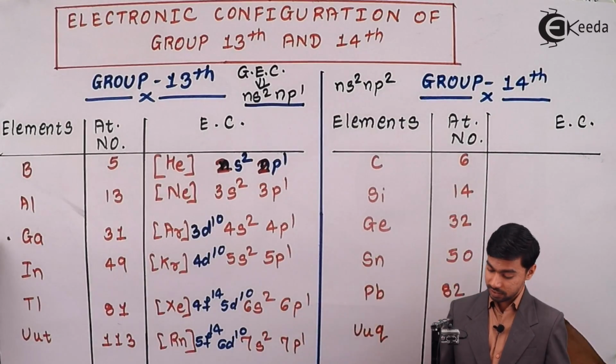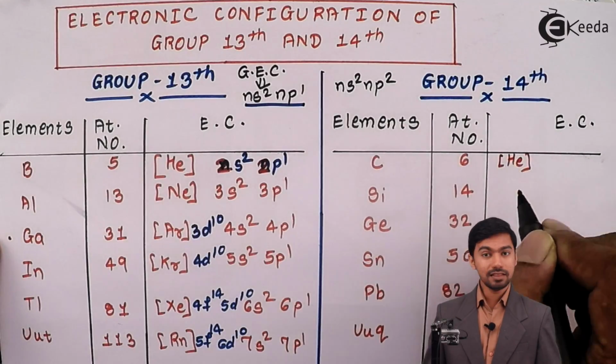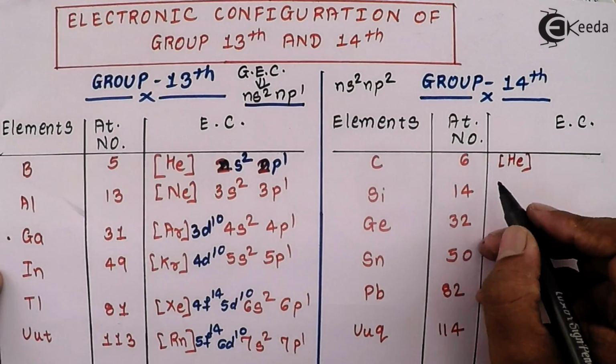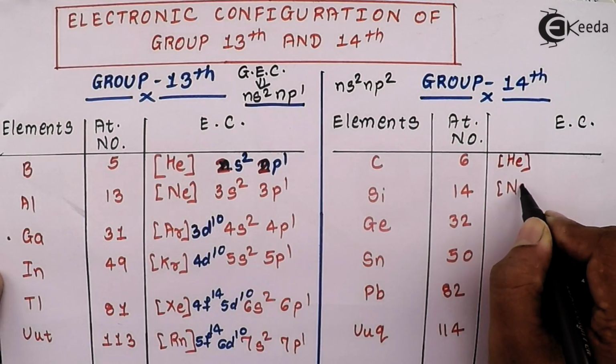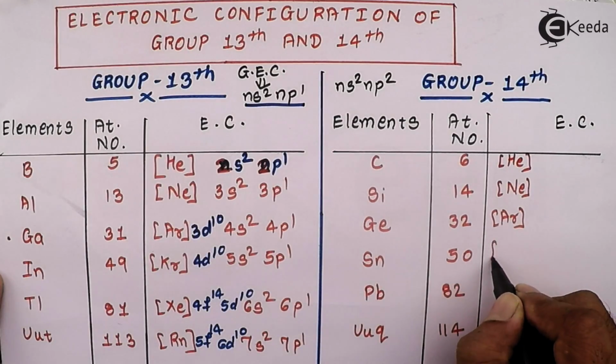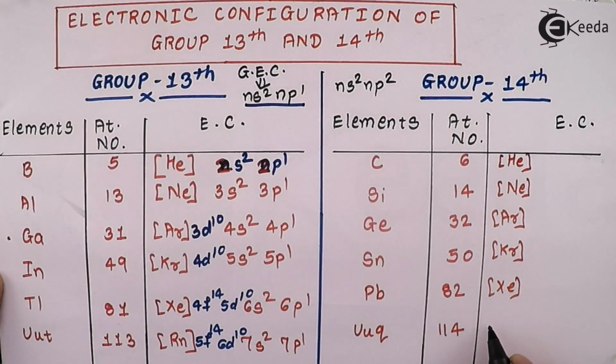So we can make a helium inert core. Like that, we can move towards the next inert gases. So here we can make neon, here it is argon, here it is krypton, here it is xenon, and here it is radon.